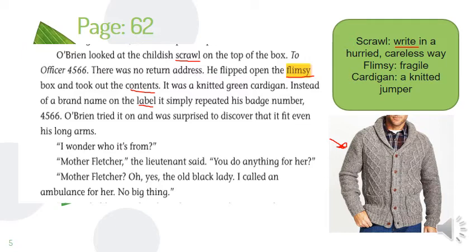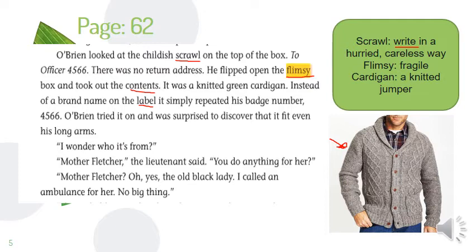This cardigan was homemade. O'Brien tried it on and was surprised to discover that it fit even his long arms, so it fitted him very nicely. "I wonder who it's from." "Mother Fletcher," the lieutenant said. "You do anything for her?"